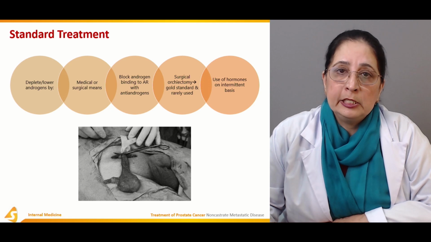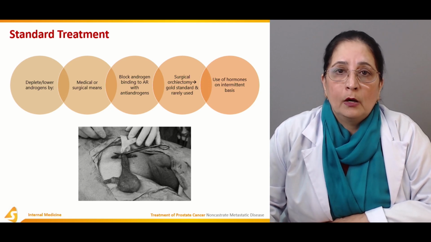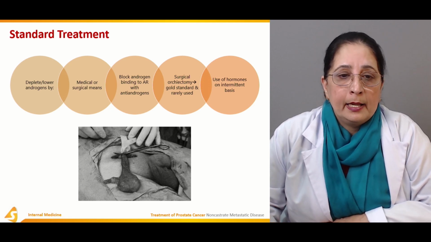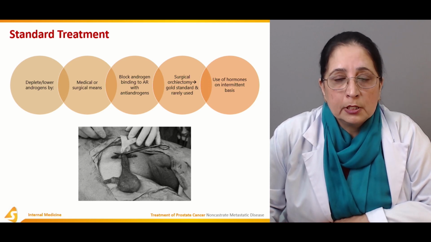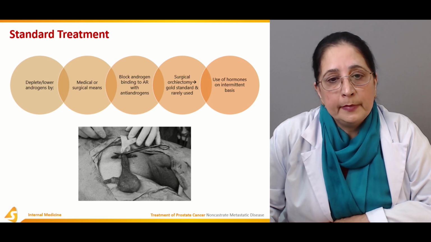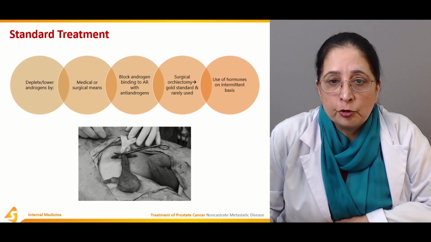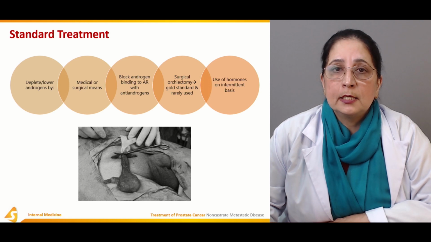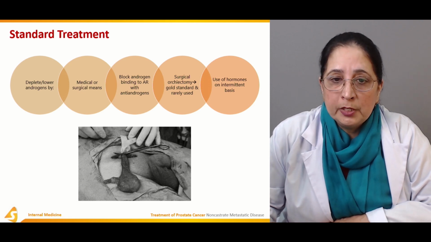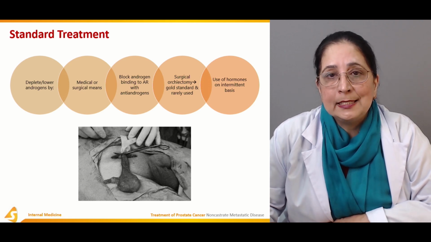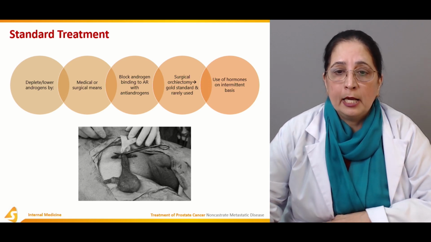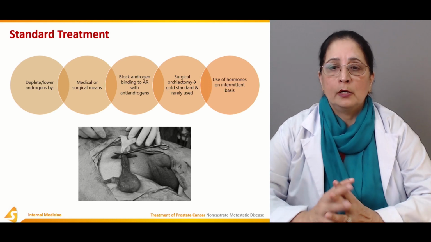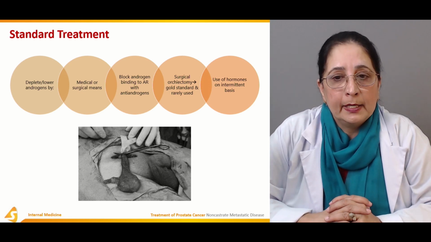So that's the standard treatment, where we should deplete and lower the level of androgen by medical or surgical means, by giving anti-androgen drugs or surgical orchiectomy, the removal of the testicles, and use of hormones on an intermittent basis.